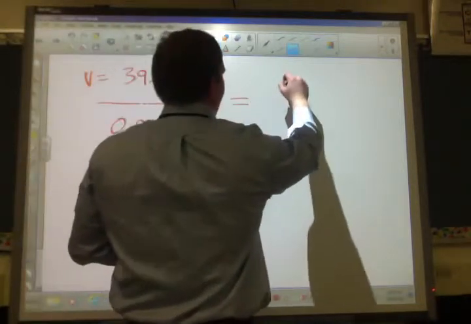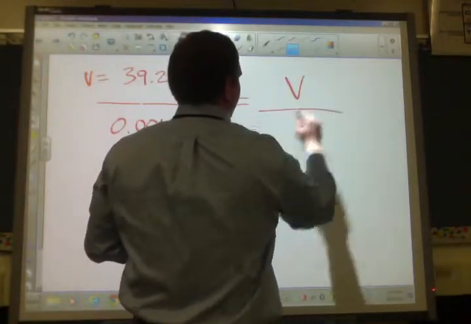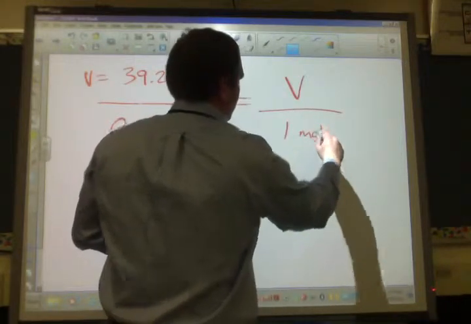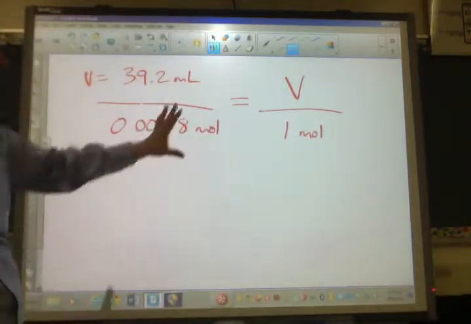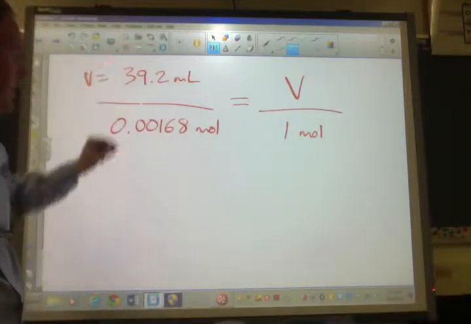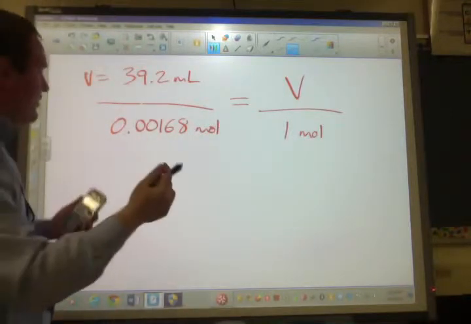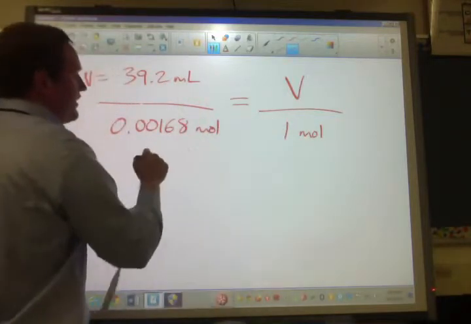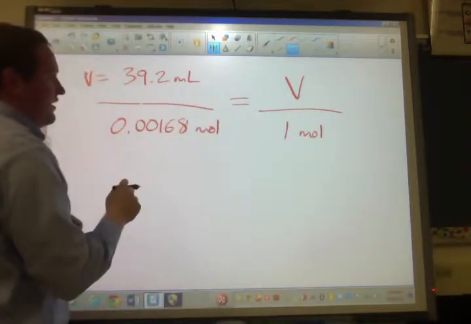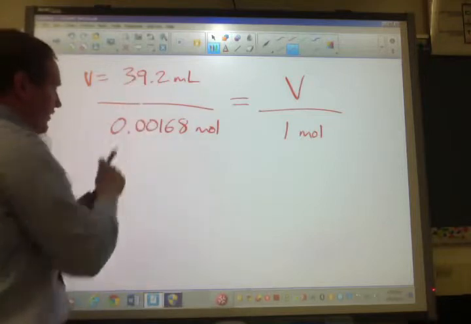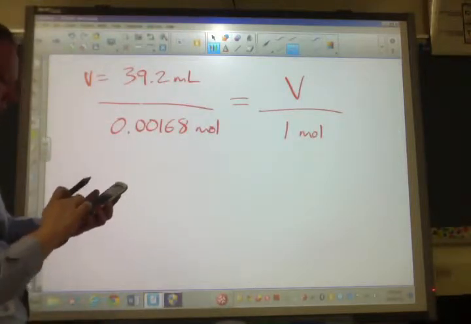We want to see what the volume would be at 1 mole. Now you could also, in lieu of this, just do this divided by that, which would turn that into 1, which would get you your answer anyway. But doing it this way, cross-multiplying, it's going to be 39.2 divided by 0.00168.